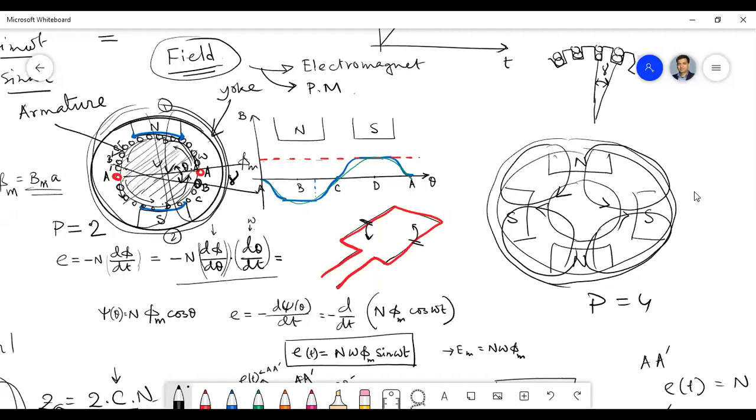One is called the field, which is responsible for producing the magnetic field. Another is the armature, which is responsible for carrying the current. Is that clear? This armature and field are the two main components of any electrical machine.